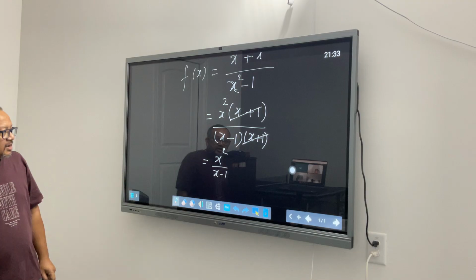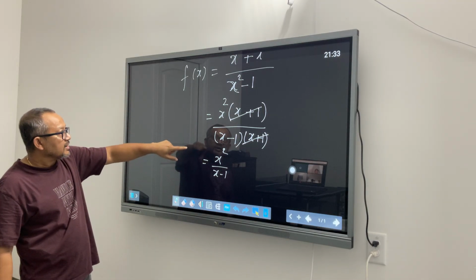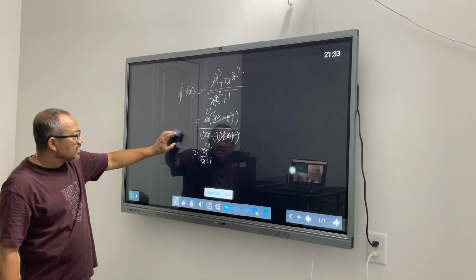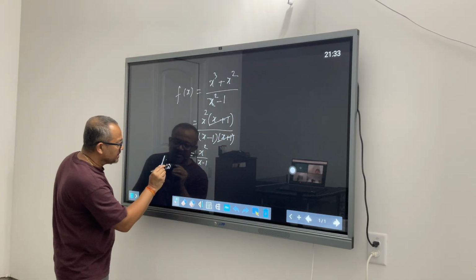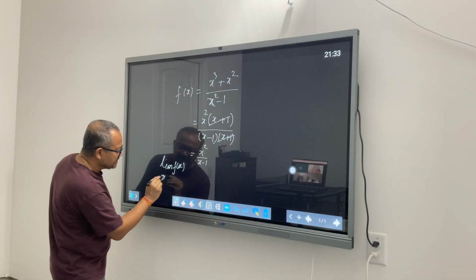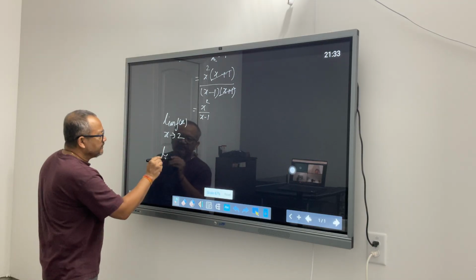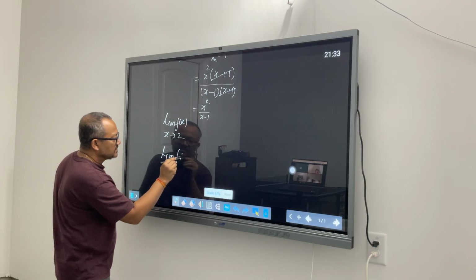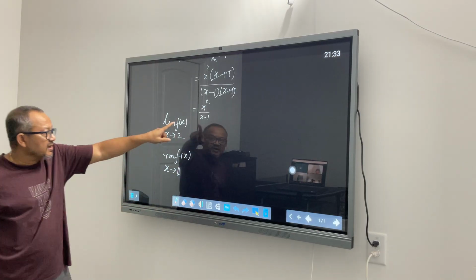Okay? So if you look at this function, what is happening is, if I'm trying to find out the limit of f of x when x is approaching 2 versus the limit of f of x when x is approaching 1, it has two different behaviors.